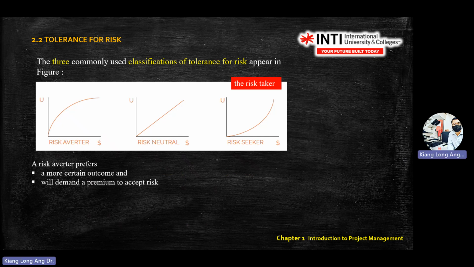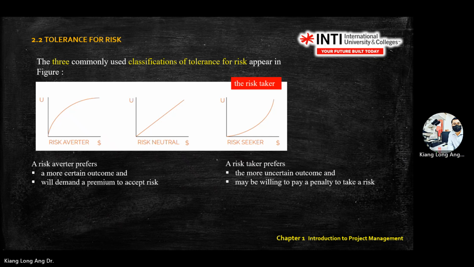Okay. So if you fall into the first one, if the project manager is a risk averter, he is more satisfied to have a certain outcome and will demand a premium to accept risk. Risk taker, they prefer more challenges, meaning when they take the projects, they can take in more uncertainty, meaning they have more room to play.